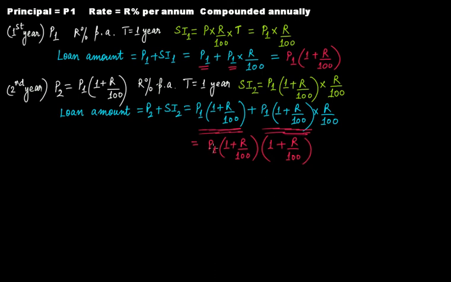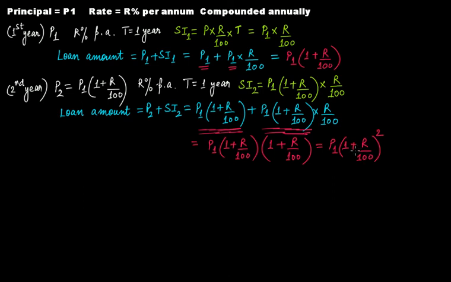Right? Now this is P1 multiplied by 1 plus R by 100 multiplied by 1 plus R by 100. This can be written as P1 times 1 plus R by 100 squared. So this is the loan amount at the end of the second year.